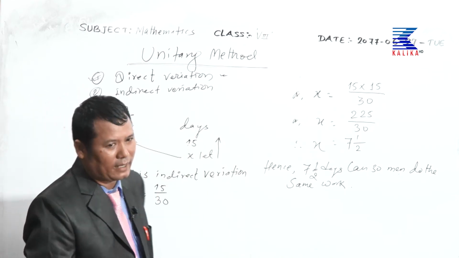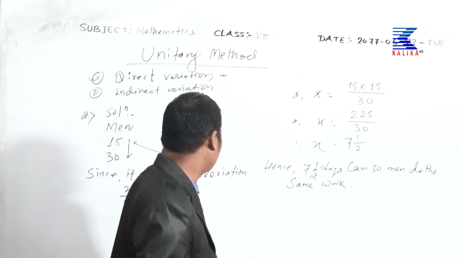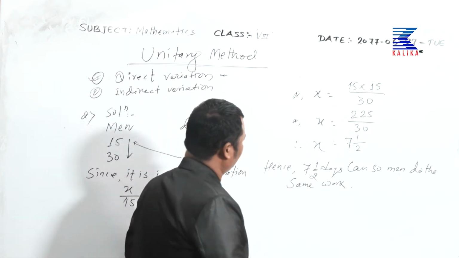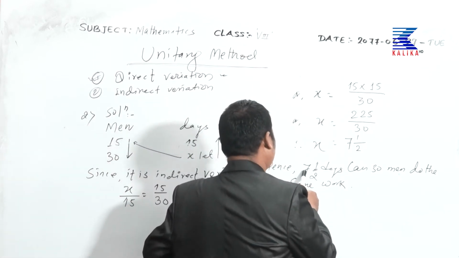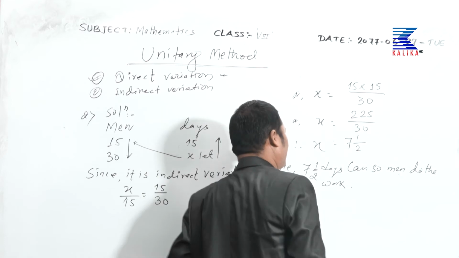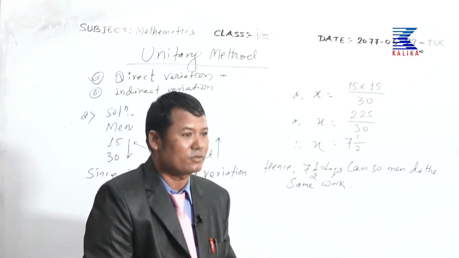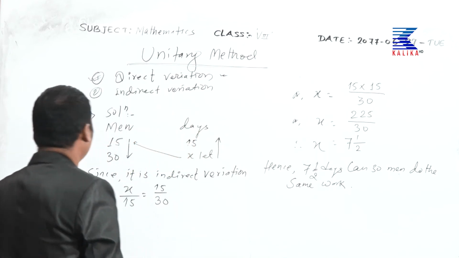Then cross multiply and find the value of x. x is 7 whole 1 by 2. So 7 whole 1 by 2 days can 30 men do the same work. And next question please. Question number 3.